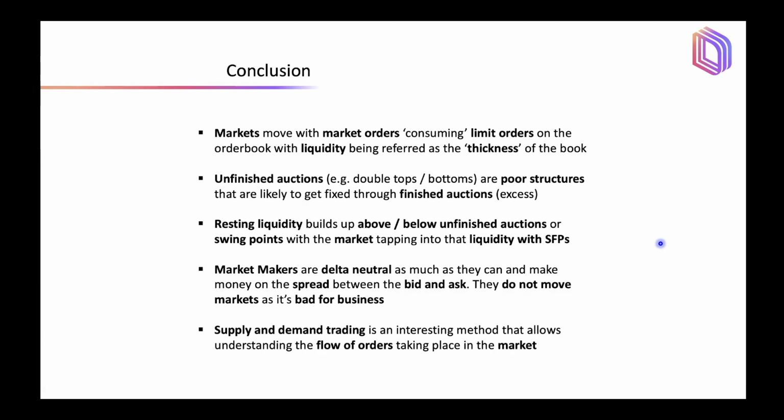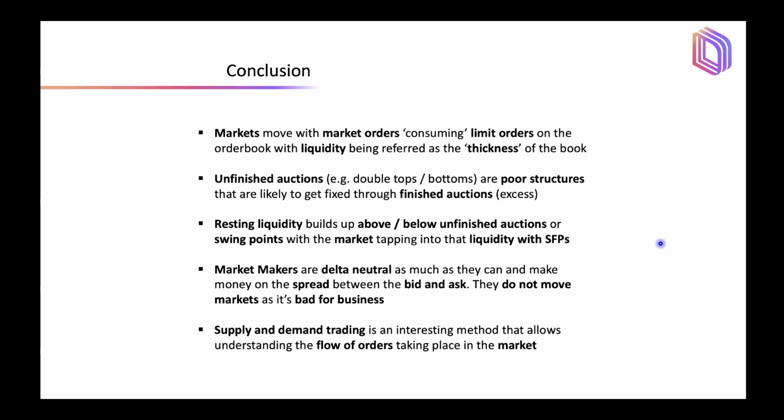So as a conclusion, let's take a quick review. We talked about market and limit orders. Markets move with market orders consuming limit orders on the order book, with the liquidity being referred to as the thickness of the book. Unfinished auctions, which are double tops or bottoms, are considered poor structures that are likely to get fixed through finished auctions, which are excess.